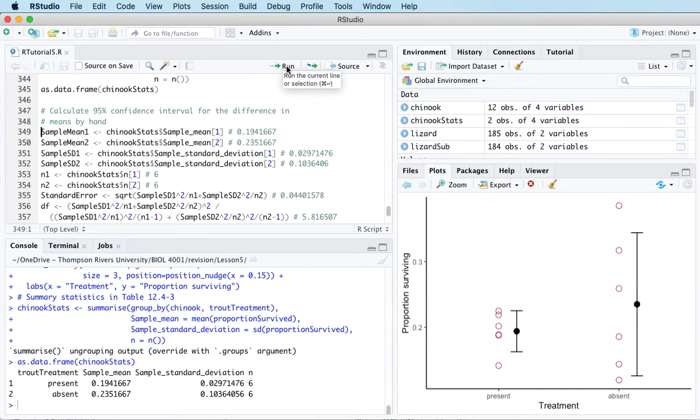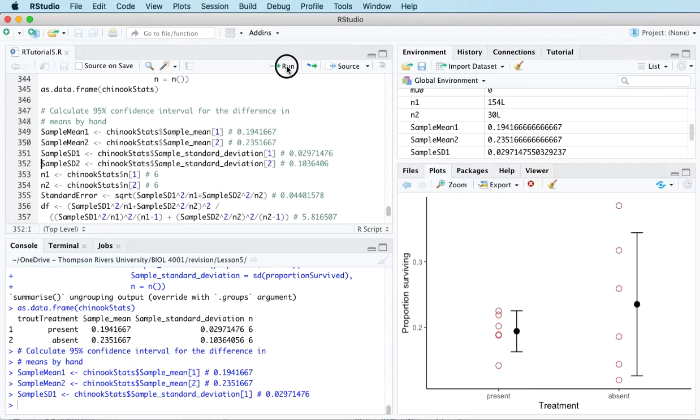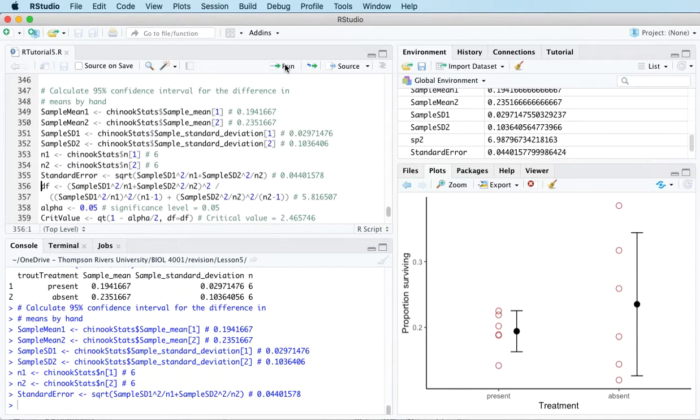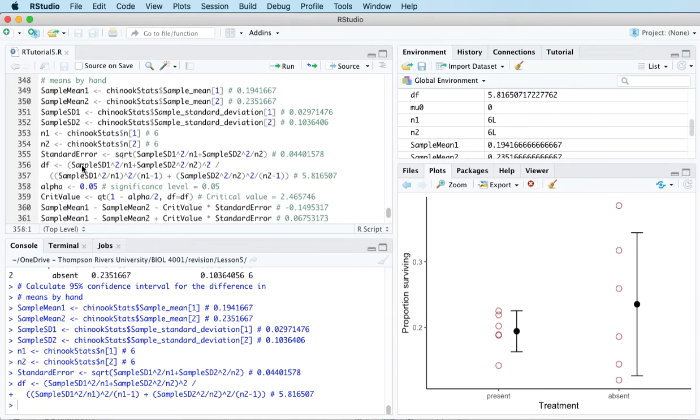The pieces we need are the sample means, the sample standard deviations, the sample sizes, and then this time the standard error calculation, which is a little bit different from the last video where we assumed the group variances were the same. The calculation for the degrees of freedom is very different. It's kind of complicated, so if you're doing this by hand, it's very easy to make a mistake.